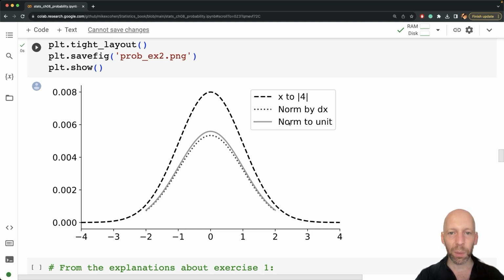When you normalize to unit sum, then you will see that one looks almost identical. Those lines are going to be really overlapping because they are not that much different, because this normalization by dx already provides a really great normalization when we have enough of the x-axis sampling to get really, really close to 1.